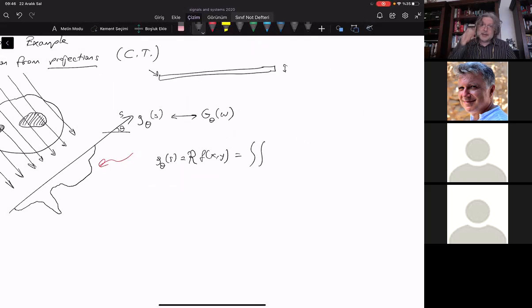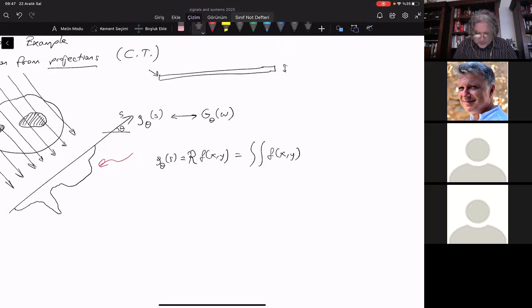a directional integration of f of xy, because we are integrating, but the integration must be done after multiplying with line integral, two-dimensional line formulas.